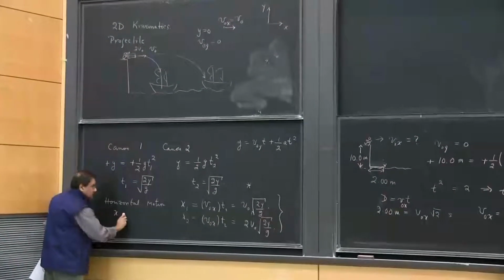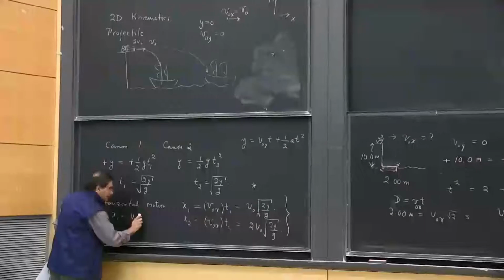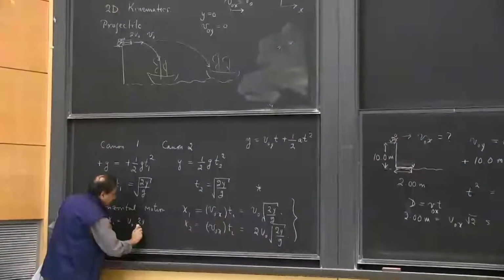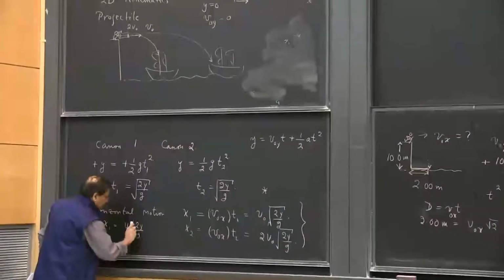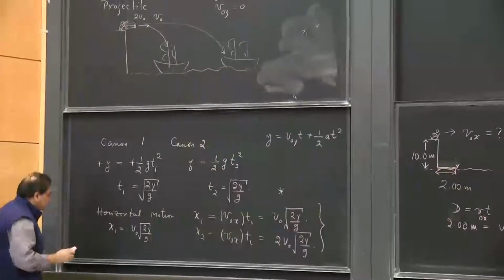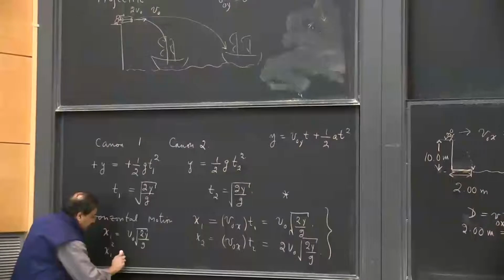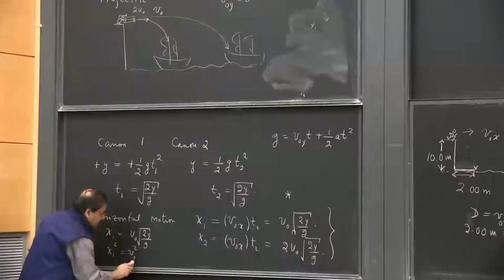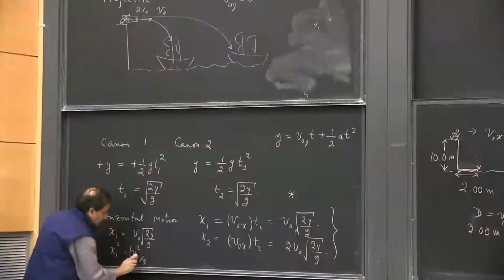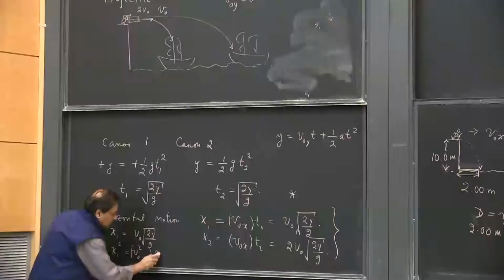So x1 is v0 times square root of 2y over g. If I were to get rid of the square root, then I would have x1 squared equals v0 squared over g times 2y.